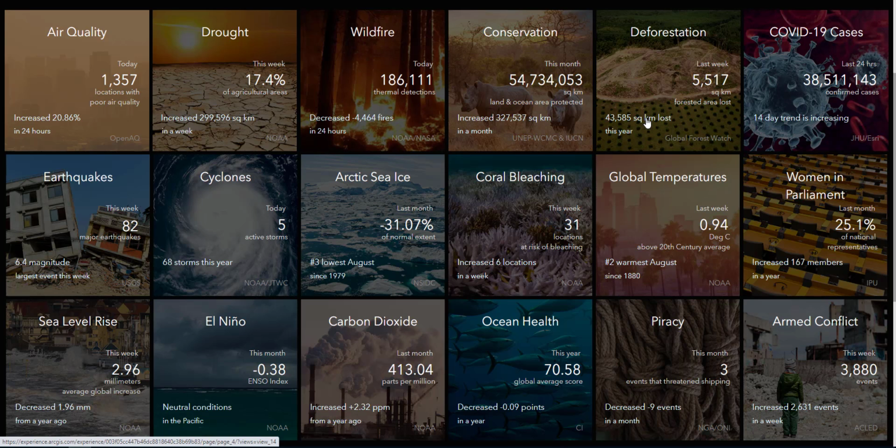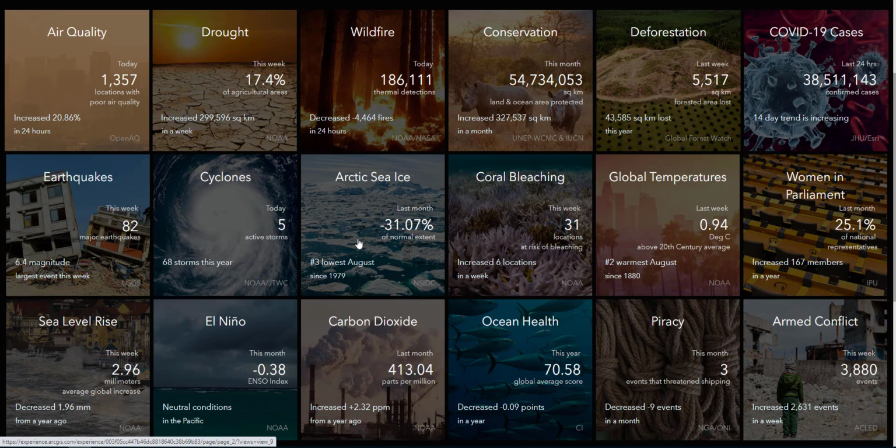What this does is really provide a heartbeat of what is happening to help us understand where we should put our resources and act. As you see today, for air quality, we have over 1,300 locations around the world which have poor air quality, and this has actually increased by 20% in the last 24 hours.